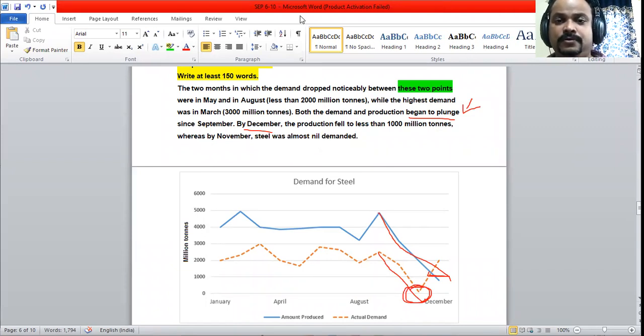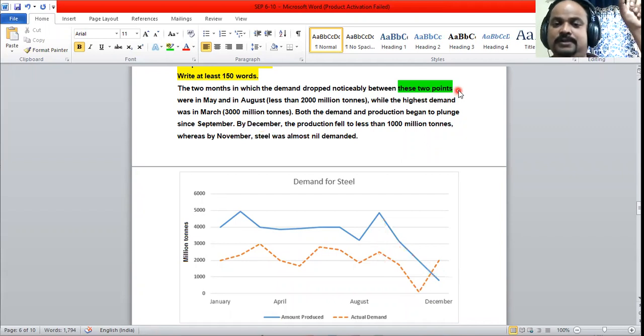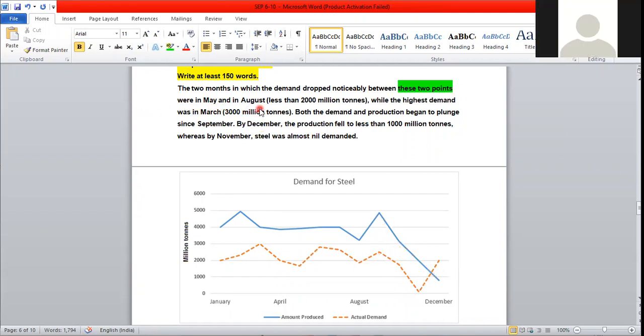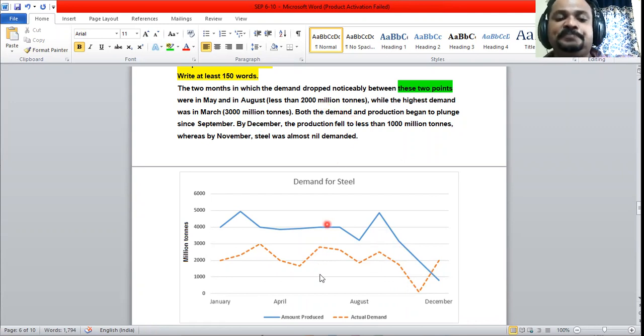So this is one of the crucial paragraphs here, so I'll explain it once more. You can say the 2 months in which the demand dropped noticeably between February and September, that was in the previous paragraph, were March, May, and August, less than 200 million tons. While the highest demand was in March, 3,000 million tons, both the demand and production began to plunge in September. By December, the production fell to less than 1,000 million tons, whereas by November, steel was almost nil demand, and no demand was there. Clear.